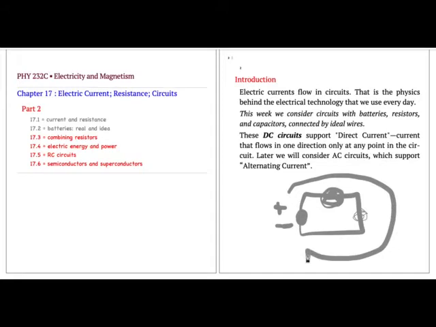In this case, clockwise. So if I look at any point in the wire, the only current is going, well, down here it's going to the left. An alternating current is different, because if you look at a point in the wire, the current will be going back and forth, back and forth. It's alternating in direction.